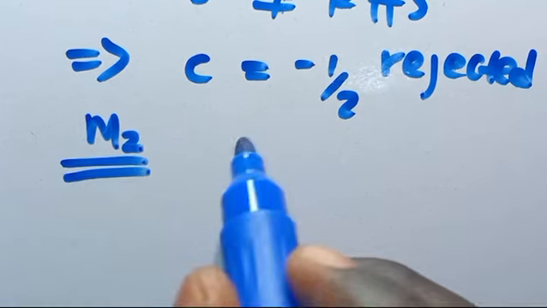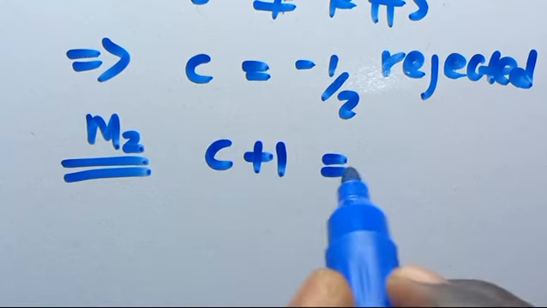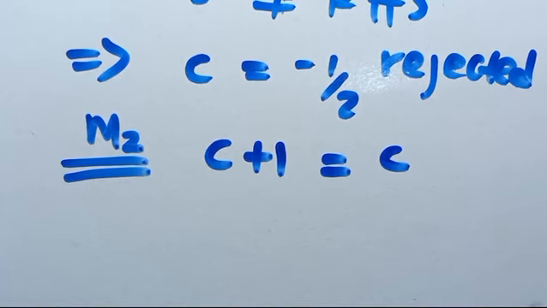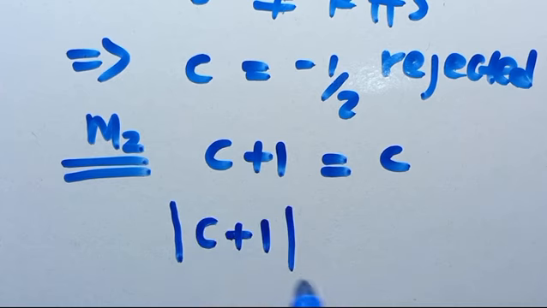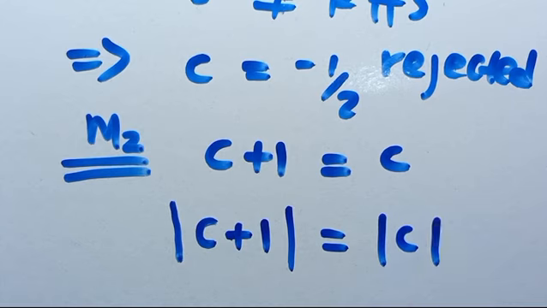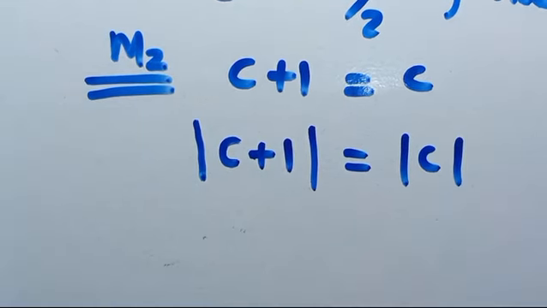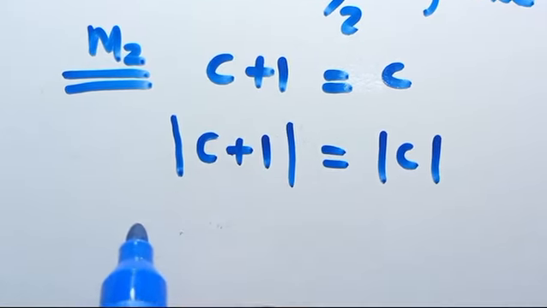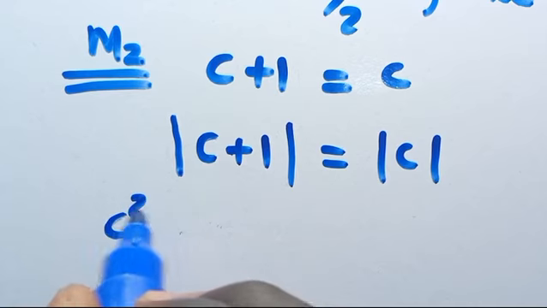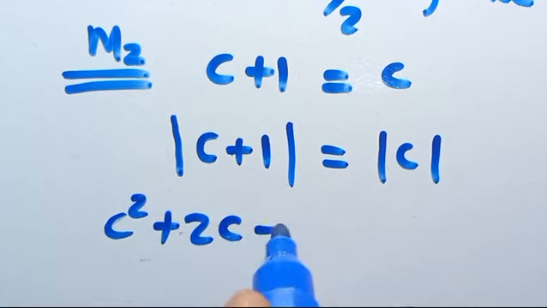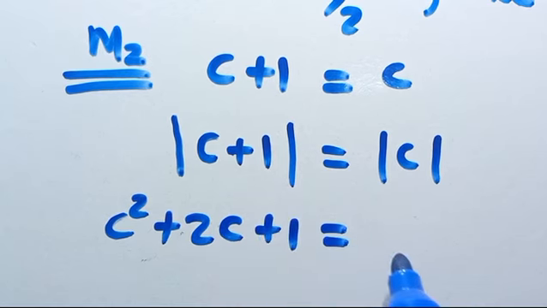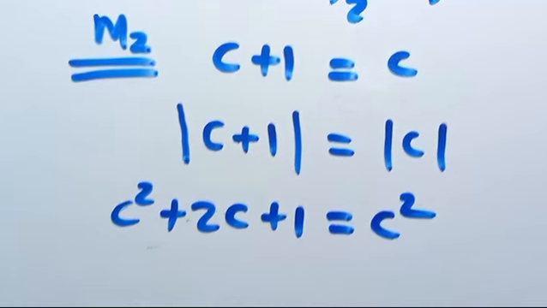For method 2, recall that we are given |C + 1| equals C. This can only be equal by using this approach when we introduce the absolute value, meaning the absolute value of C plus 1 equals the absolute value of C. Then, if we take the square of both sides, we are going to have C squared plus 2C plus 1 equals C squared, as we did above.